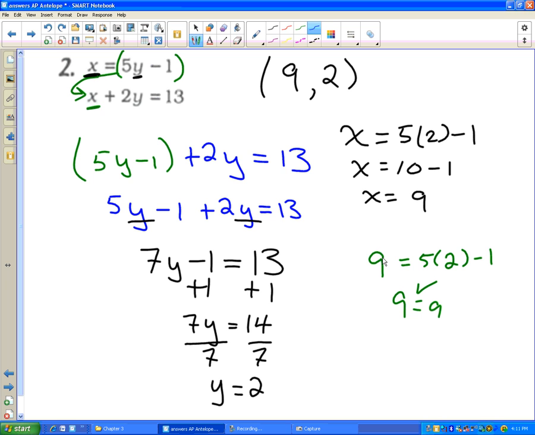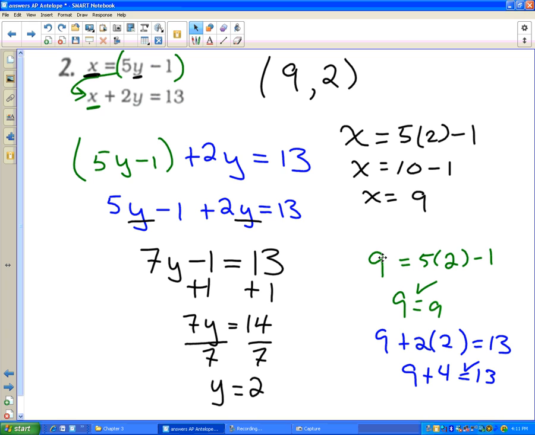My second equation is 9 plus 2 times 2 is equal to 13. 9 plus 4 is equal to 13. Both of these check out. This is my correct answer for the solution to my system, to both equations. That's number 2.